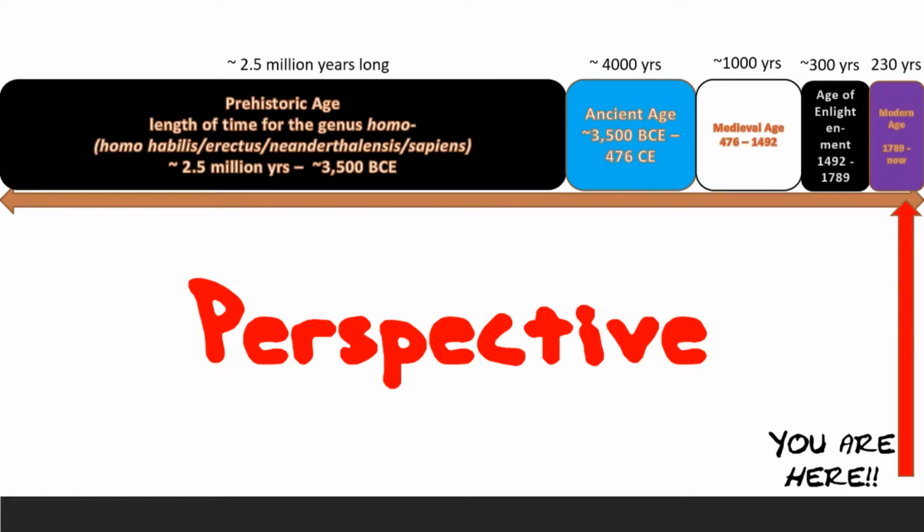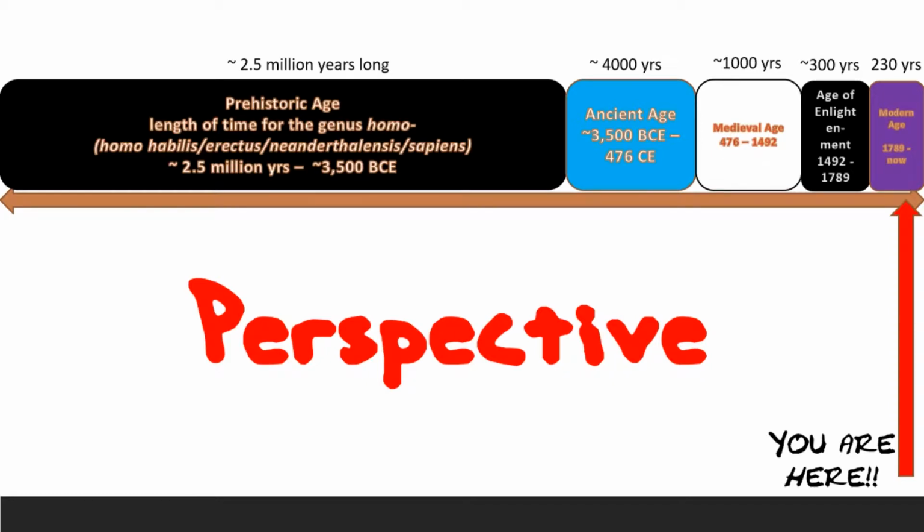Now, as far as the medieval age, that again lasted around 1,000 years. And then we have just a short period of time for the Renaissance, the Age of Enlightenment, moving across the oceans into the Americas, finding the New World. That only lasted 300 years.